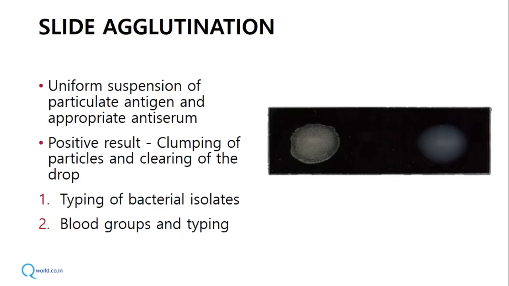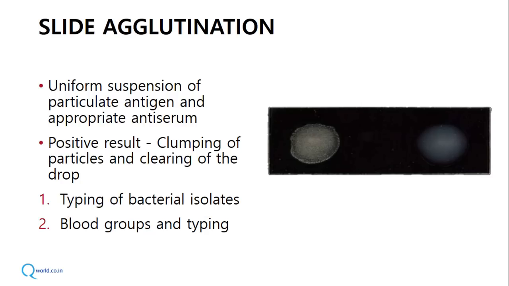The first type of agglutination test is the slide agglutination test. What we do here is take a slide, and a drop of antigen and a drop of antiserum, and make a uniform suspension.